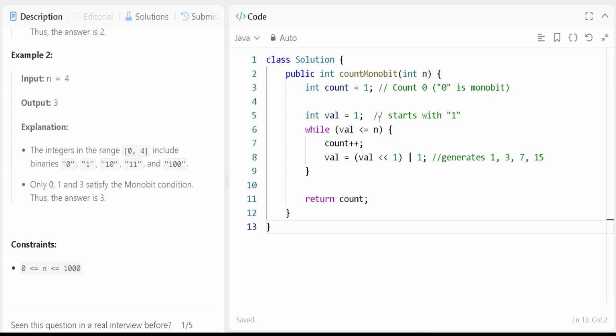So we take val equal to 1, we keep checking the value, do count plus plus, and we generate the next val by taking the left shift with 1 bit, so it will generate 1, 3, 7, 15 like that, and that will go till n. So we return the count after making all the counts.